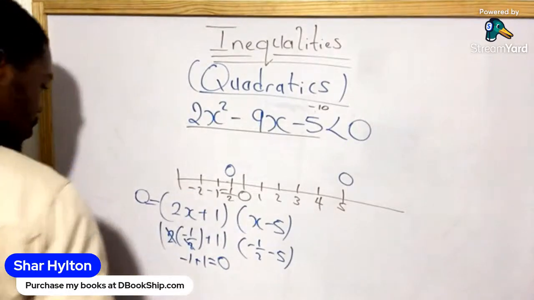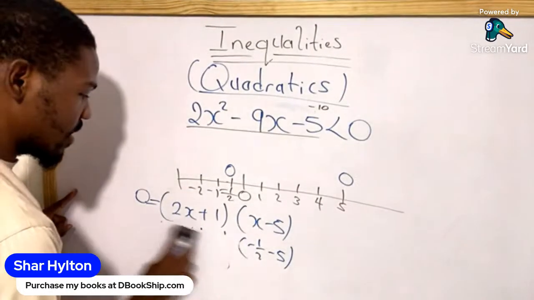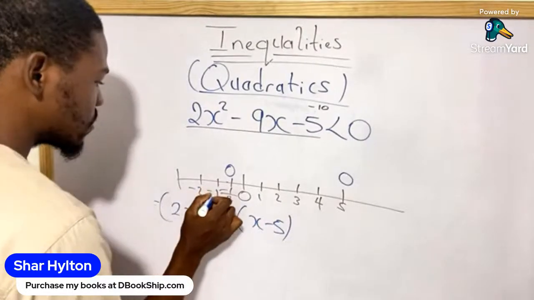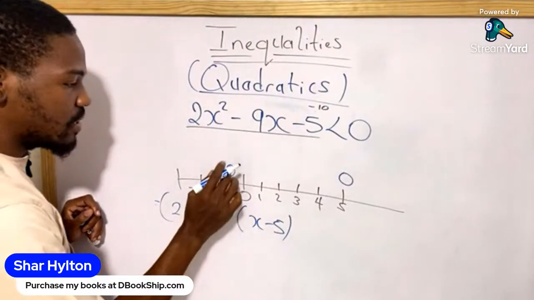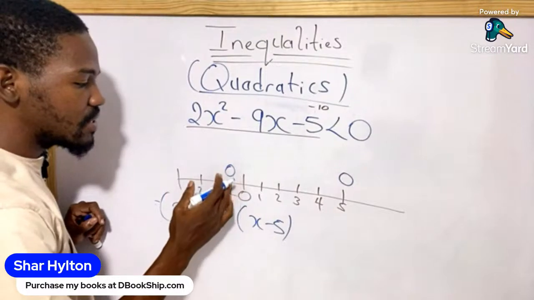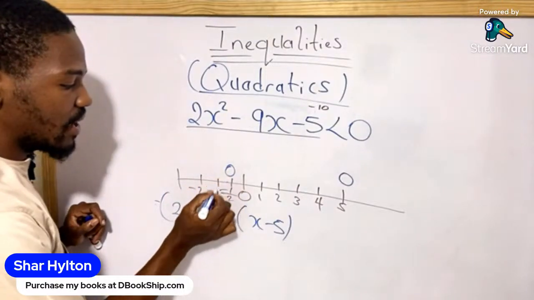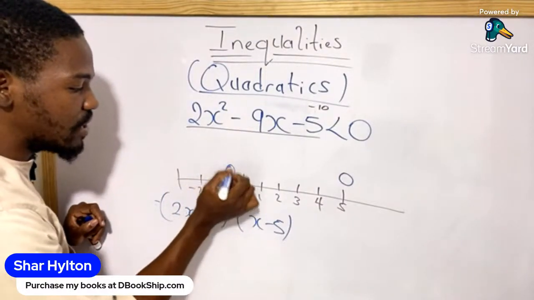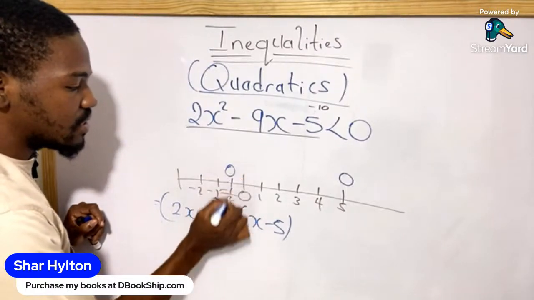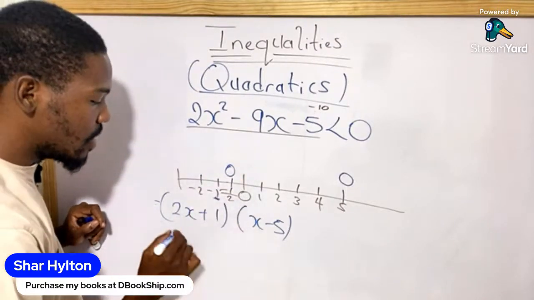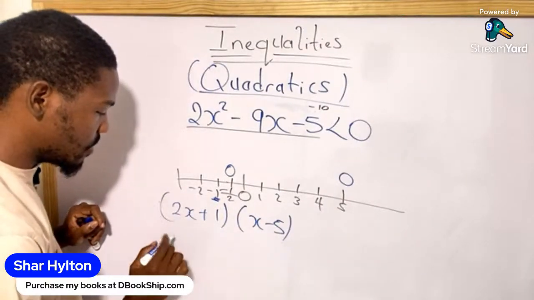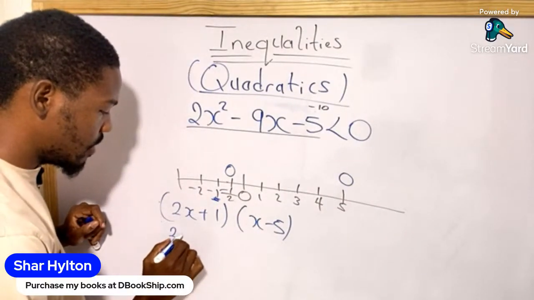So let us check that another time, looking at x being -1, for example. And remember, this is actually an open circle, and an open circle tells me that the half wouldn't be included.